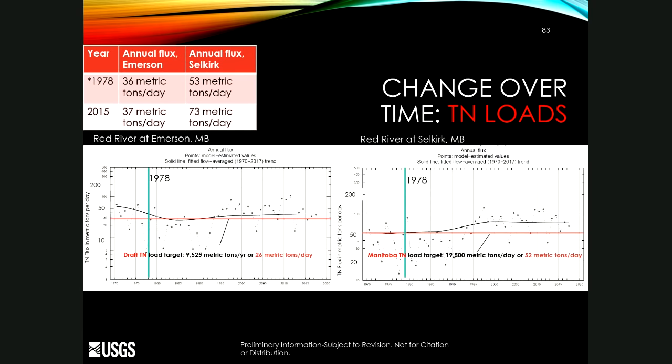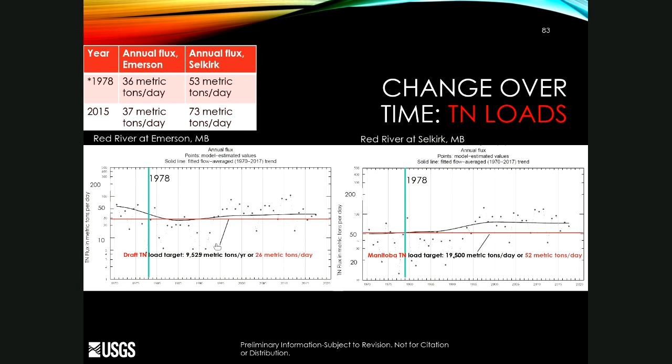So looking at the same two sites, the same time frame, but looking at the loads, again remembering that the trend line is the estimated flux that would have occurred if stream flow conditions were the same year after year. This pattern is different from the total phosphorus picture.